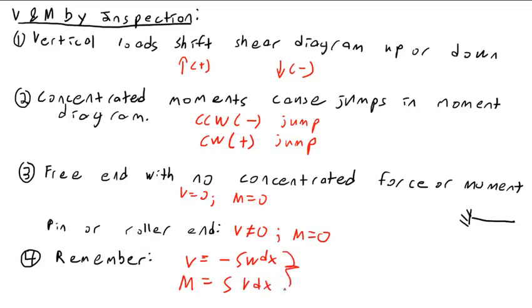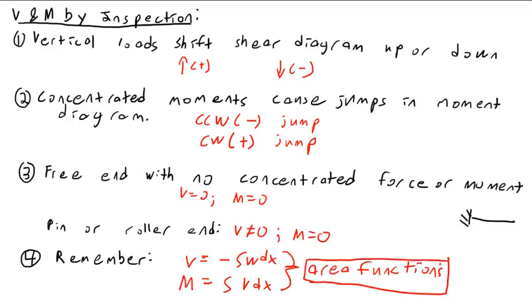And both of these fundamentally are area functions. So this last step is really the core of the inspection method. We are using areas to find the change in the shear and moment. So again, we're going to use areas as really our most powerful tool here.